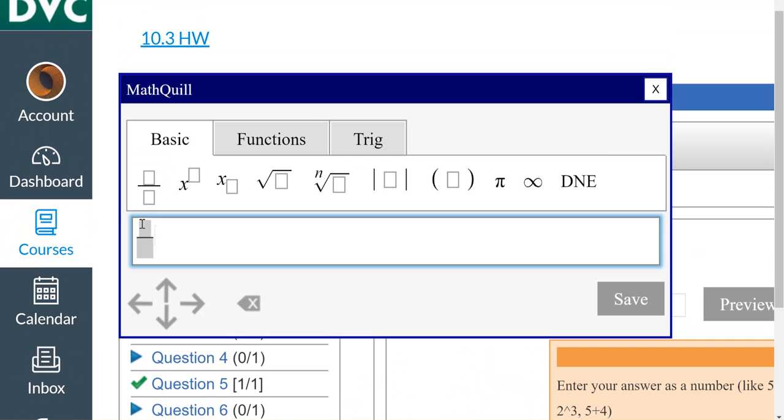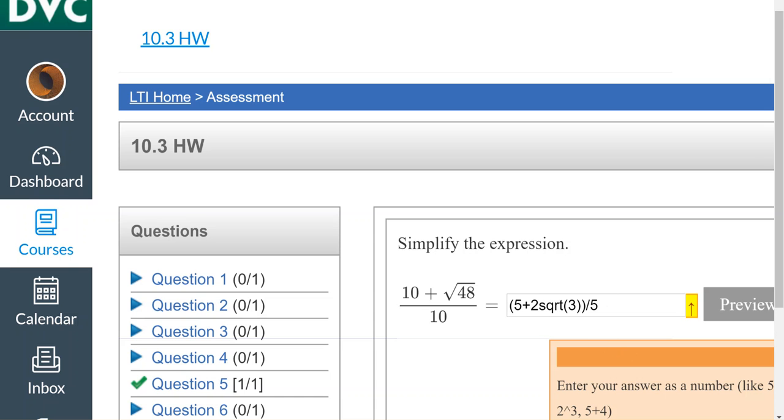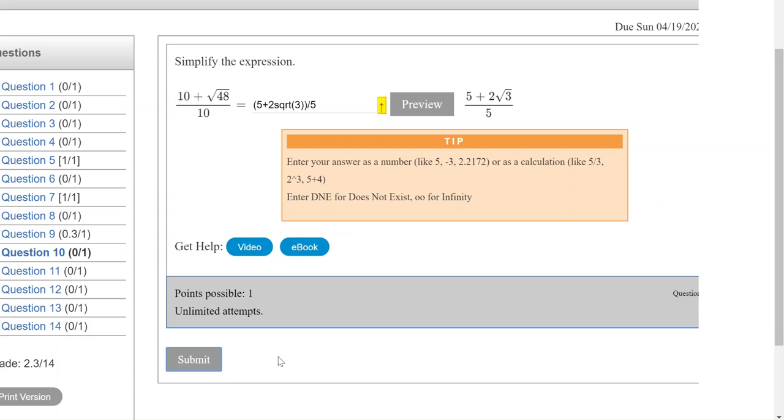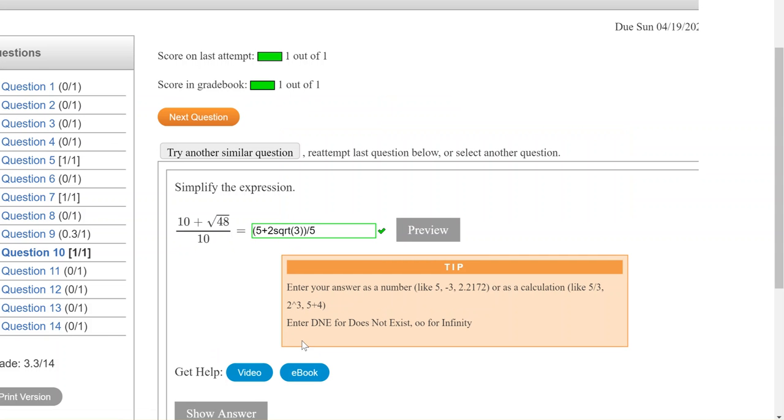My big fraction bar, up in my numerator, I want 5 plus 2 times the square root of 3. And in my denominator, I want a 5. Save. Looks beautiful. 5 plus 2 times the square root of 3 divided by 5. Submit. Excellent. So that answer was accepted.